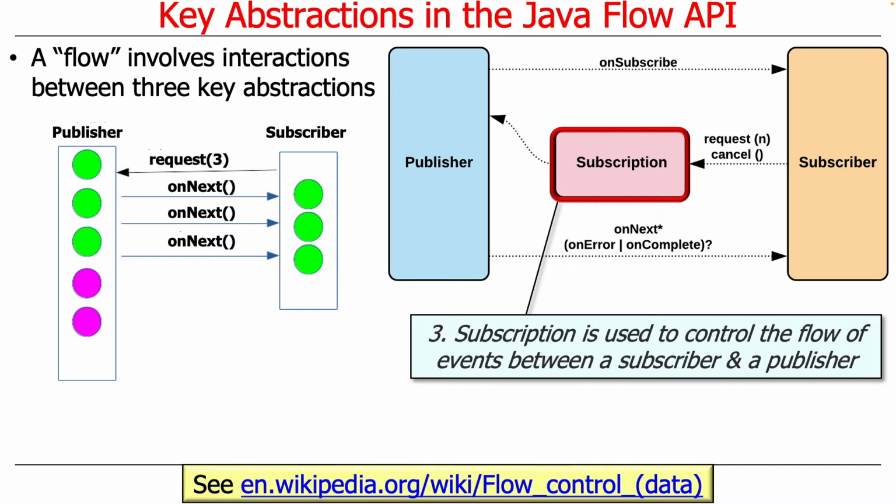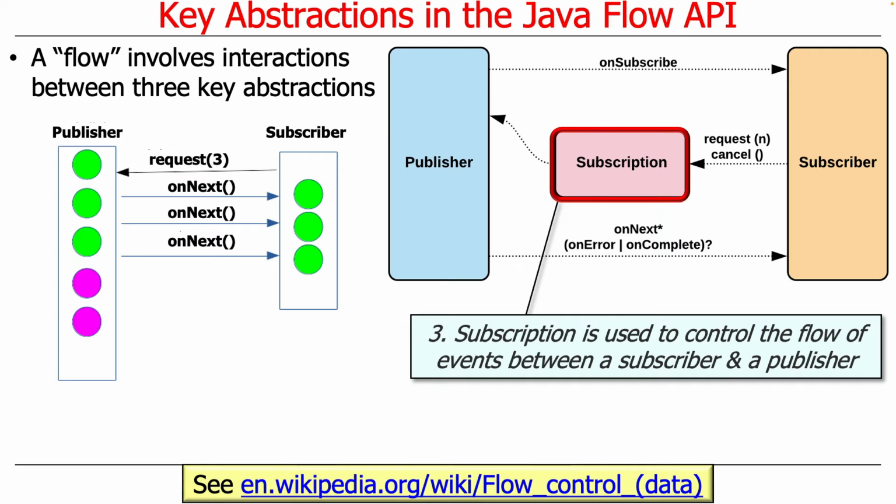There's another component or abstraction in this model called a subscription. A subscription is used to control the flow of events between a publisher and a subscriber. When a subscriber registers with a publisher, it needs to tell the publisher how many events it can receive. There's a couple of options.